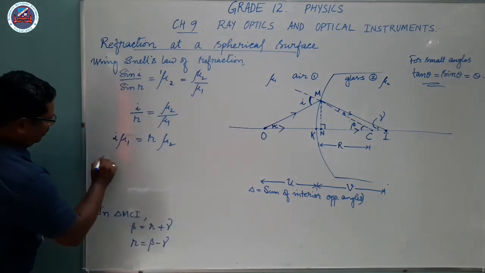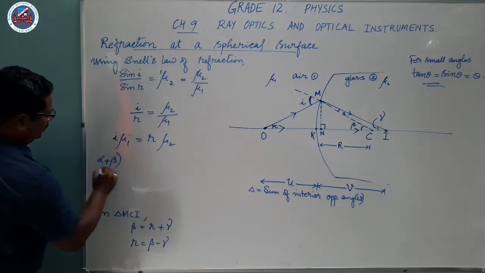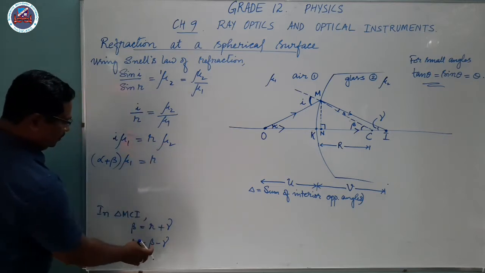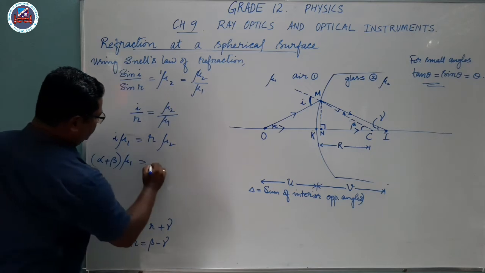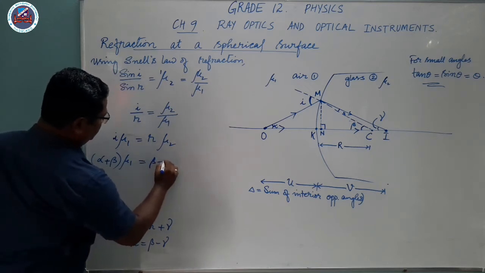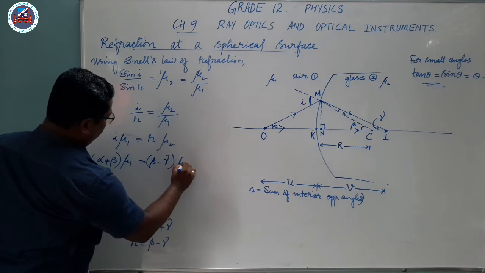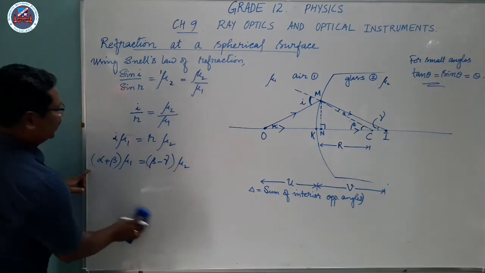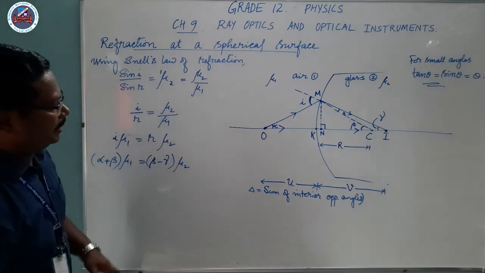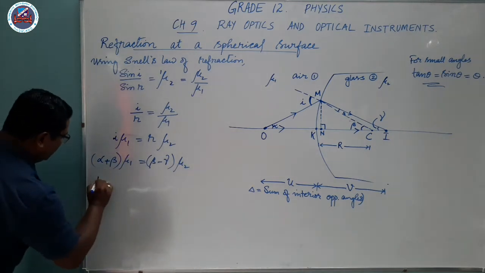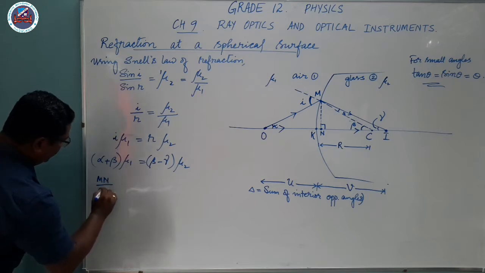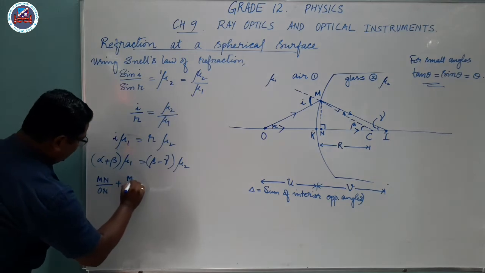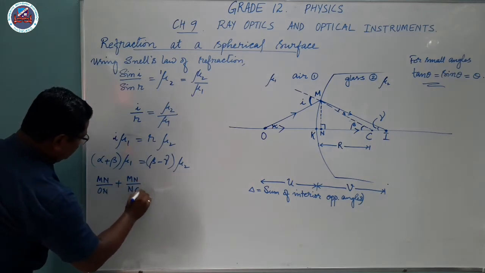Now I is equal to alpha plus beta into mu1, and R is equal to beta minus gamma mu2. Now we place the values of alpha, beta and gamma. Alpha is equal to Mn by On, plus beta was equal to Mn by Nc.